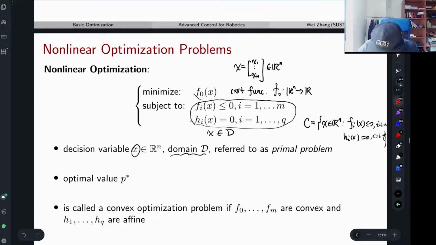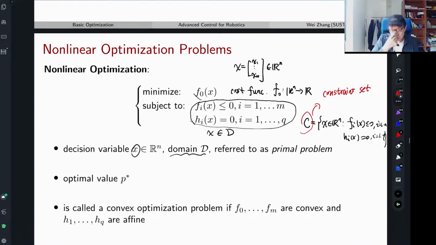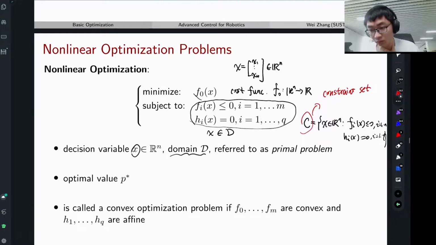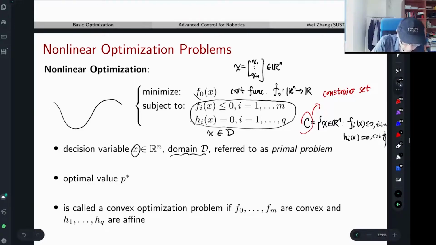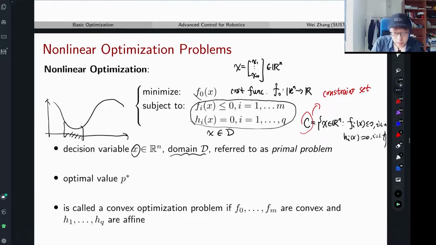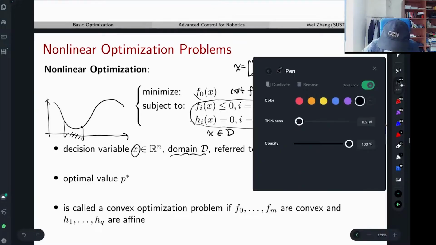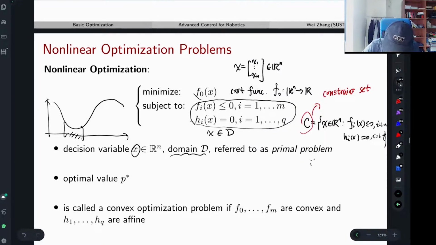So this is called a constraint set. So we want to find the optimal value, optimal function. Suppose this is my f0, and I also need to specify I want to only look for optimal solutions within this set. That will be my constraint set. And x belonging to this is called primal feasible. If x belongs to this constraint set, then x is called feasible.